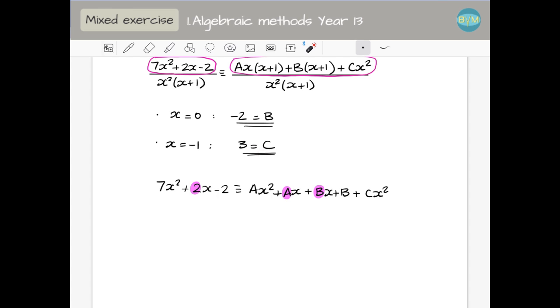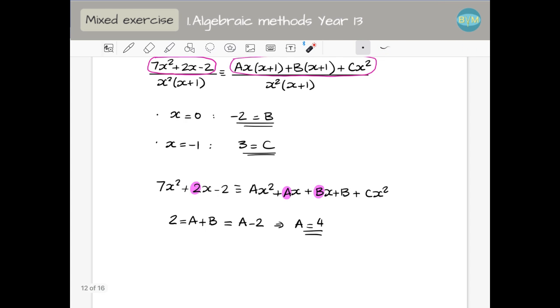If I had done this before, I would have noticed that the independent term is not going to help me. But in this case, 2 on the left is going to be equal to a plus b on the right. We know that b is minus 2, so a minus 2 equals 2, which means a is going to be 2 plus 2, which is 4. And that's how we find the third one.